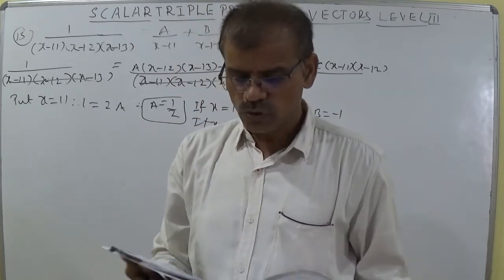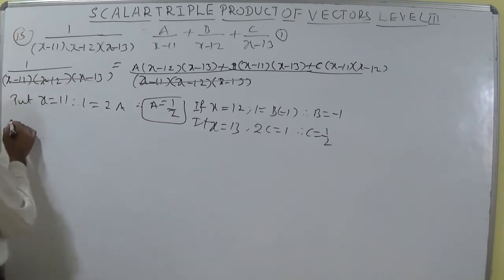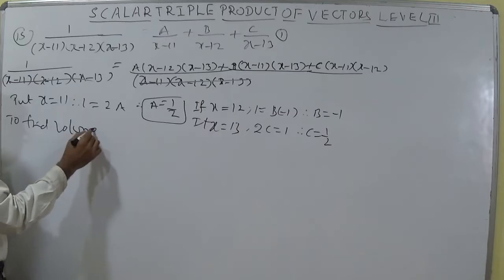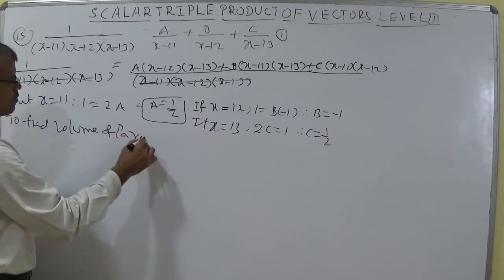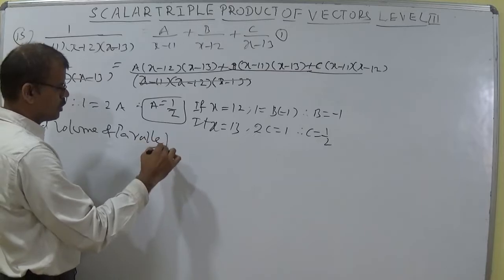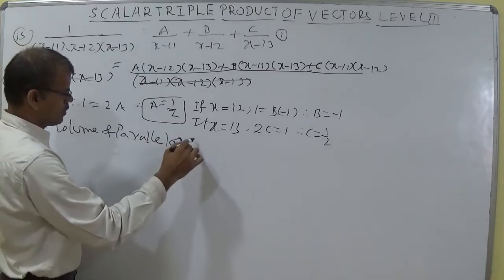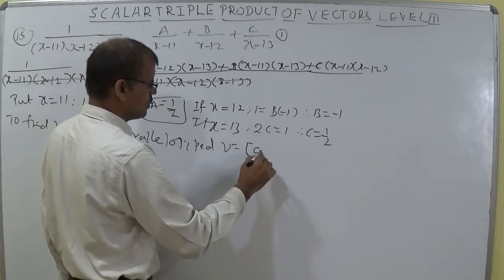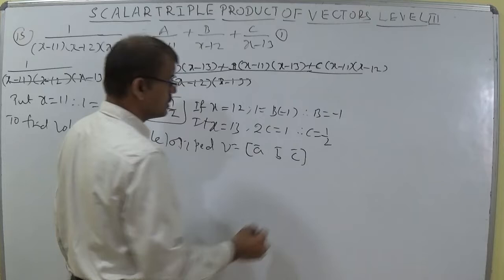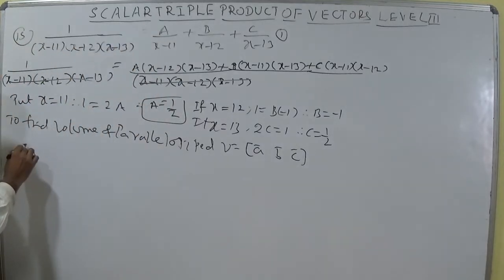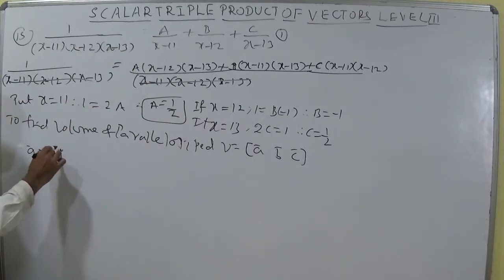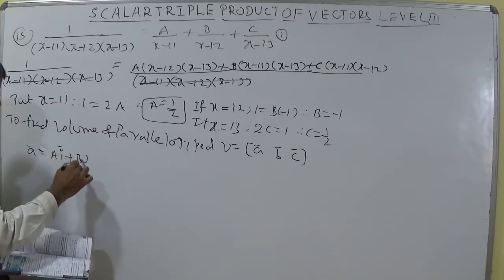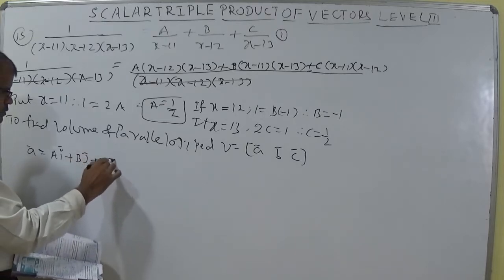To find the volume of the parallelepiped, the formula is V equal to box ABC, where the vector small a is given as AI plus BJ plus 2CK.